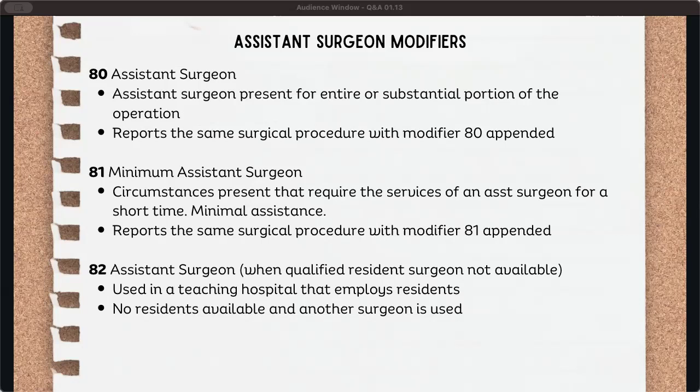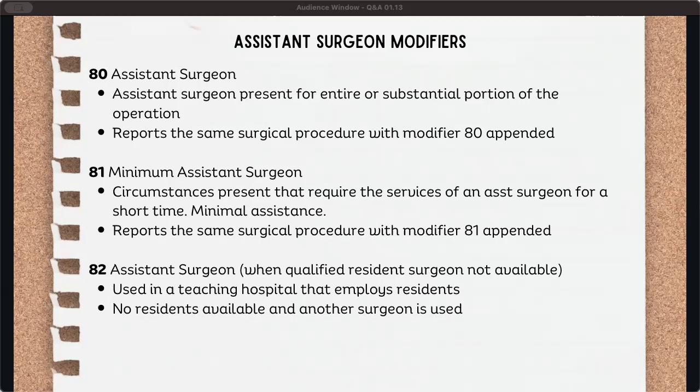And then lastly, you have a modifier 82. Your modifier 82 is going to be used when a qualified resident surgeon is unavailable. So these are going to be used in your teaching hospitals with your surgical residents on staff, but there happens to be no resident available to assist.